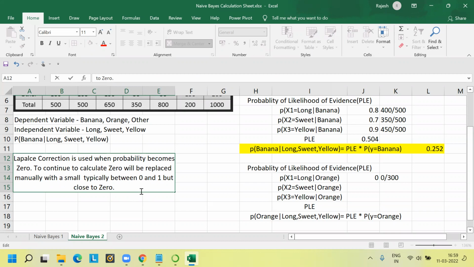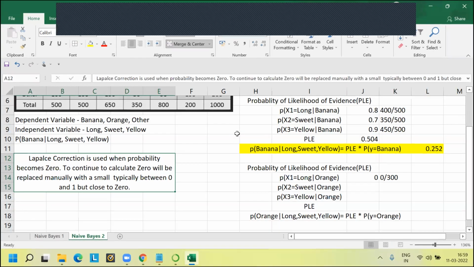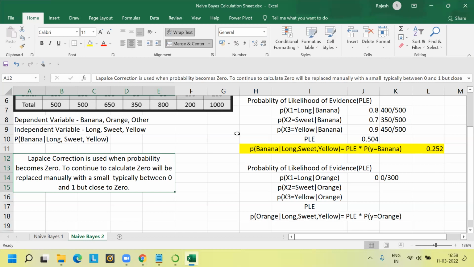If you multiply, the PLE will become 0. If one of the values is 0, then on multiplying, the PLE will become 0. To avoid that, a statistician named Laplace suggested replacing the value with a smaller value, such that the calculation is not affected.